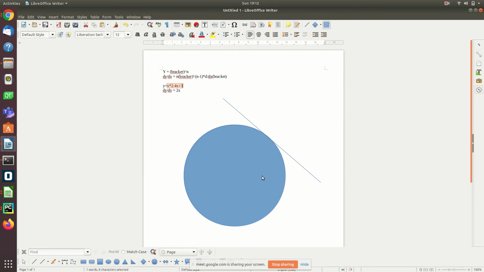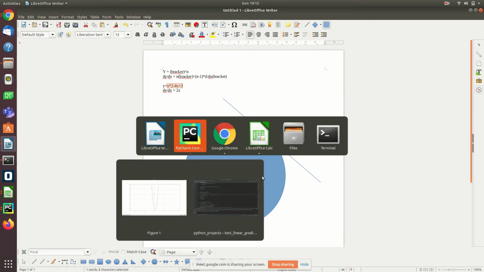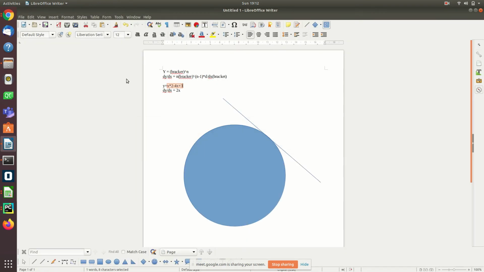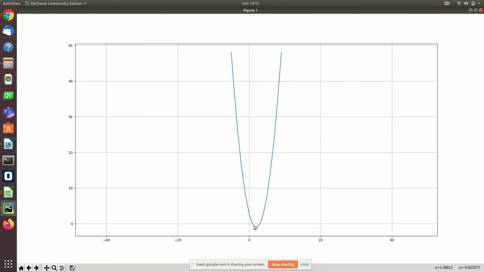Sorry, it is a bit boring. The derivative of y is equal to x square minus 4x plus 3 is 2x minus 4. So when 2x minus 4 is 0, x is equal to 2, right?